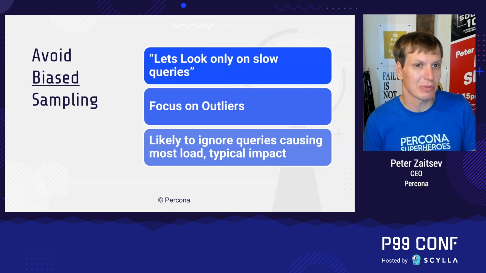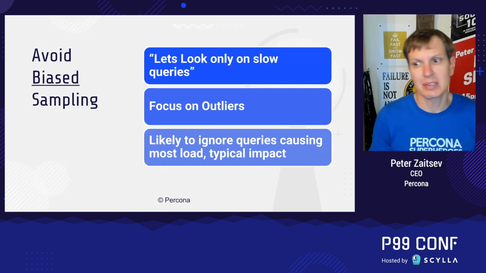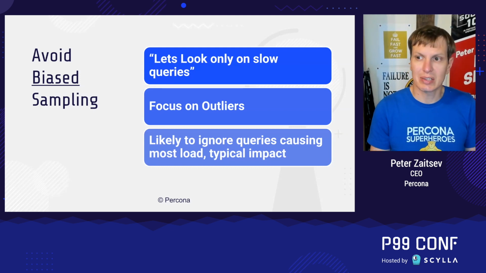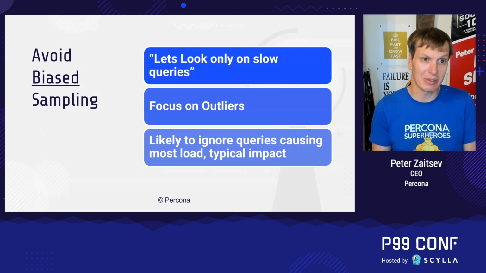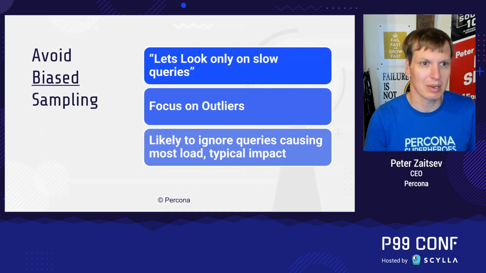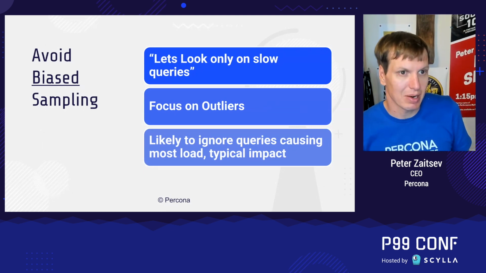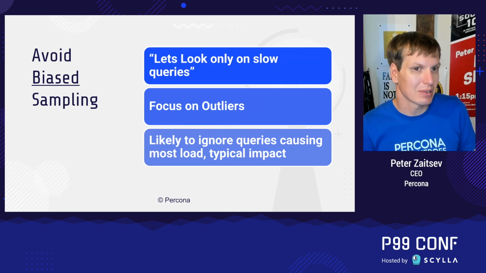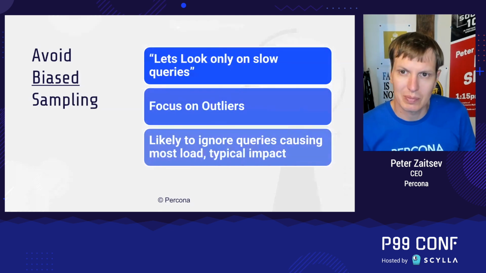The problem in this case is, of course, you are only focusing on outliers, and while in many cases fixing those worst queries is a good idea, it may not be enough, and that actually may not be the biggest problem for you. Right? In many systems, even well-tuned systems, there are just some outliers. One query in a million happens to be slow for whatever reason, right? But it is the other queries where tuning efforts are much more helpful.